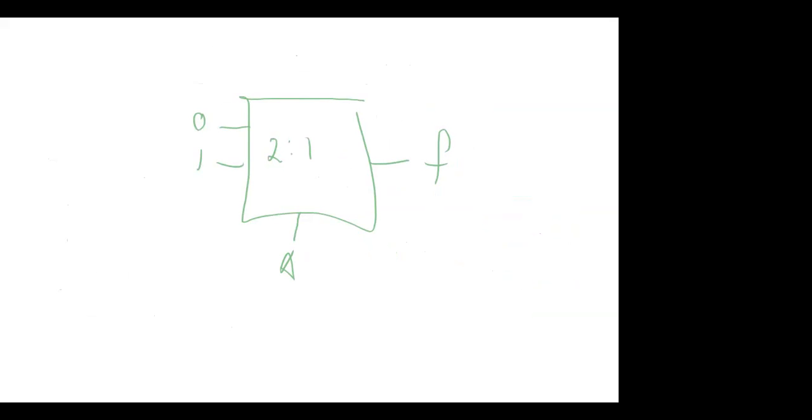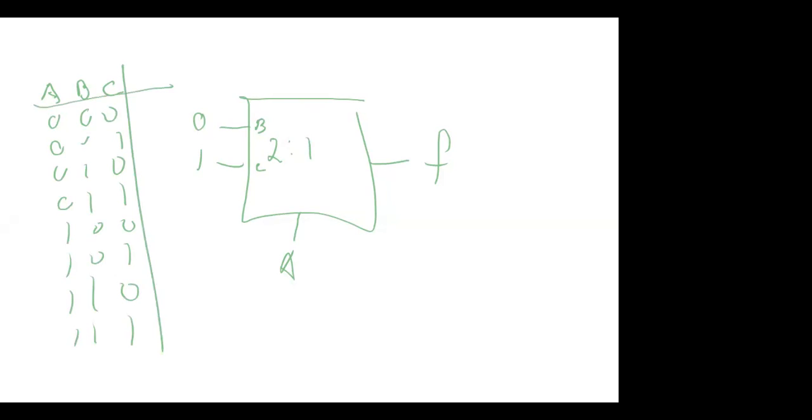So the input here is, let's call it B and C. If we write down A, B, and C: 0, 0, 0, 0, 0, 1, 0, 1, 0, 0, 1, 1, and F. When A is 0, this is going to be C. When A is equal to 1, it's going to be all B. And it says here the B input is equal to 0.